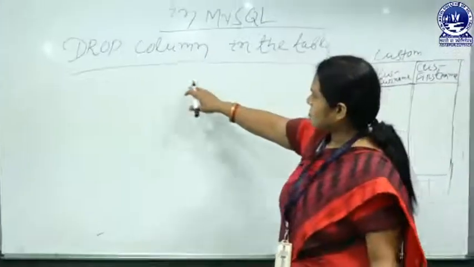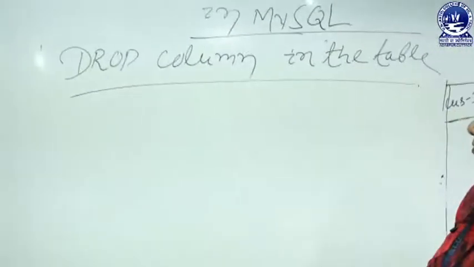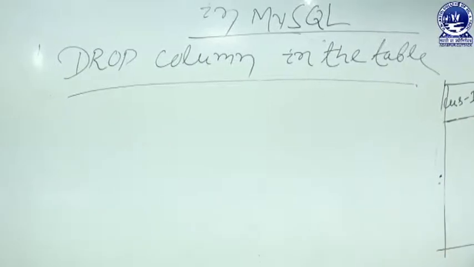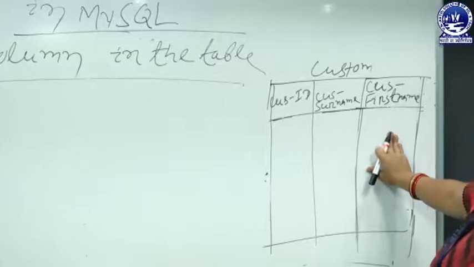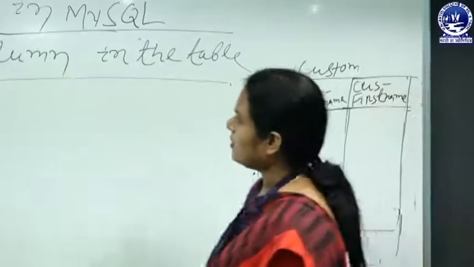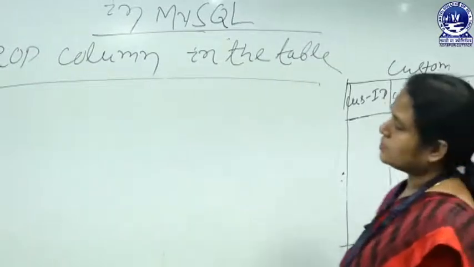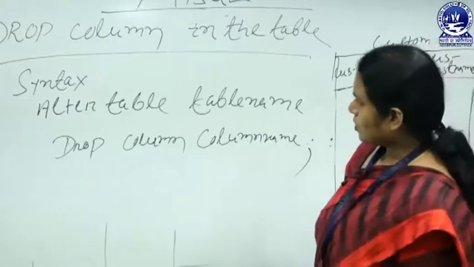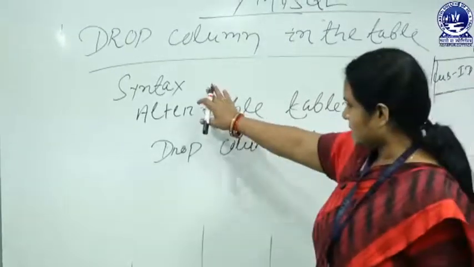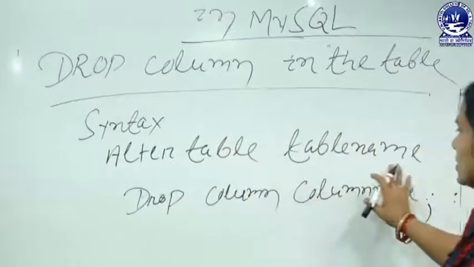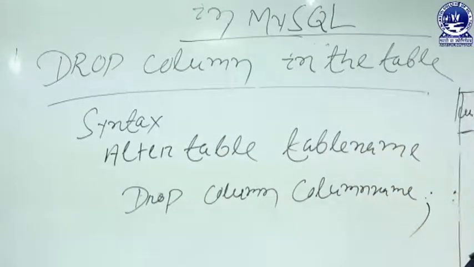Next, let us discuss dropping a column in the table. If we want to remove a column from the table, then we apply the drop command. The syntax is: alter table name, drop column name, semicolon.